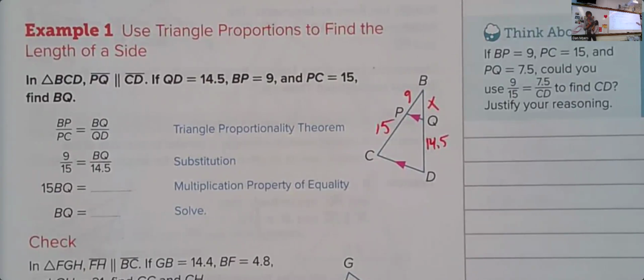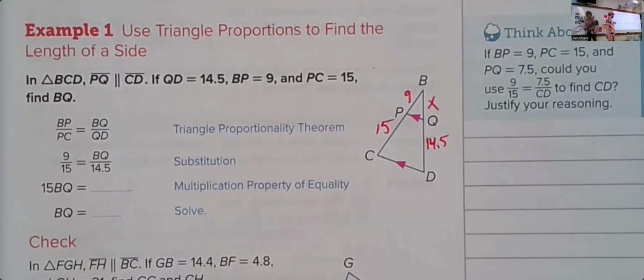And so then we can substitute those numbers in. 9 over 15 is equal to BQ over 14.5, or in our case, you probably use X if we were doing this by ourselves. But then you cross multiply. So we've got 15 times X, or 15 times BQ equals 9 times 14.5. So on your calculators, what's 9 times 14.5?